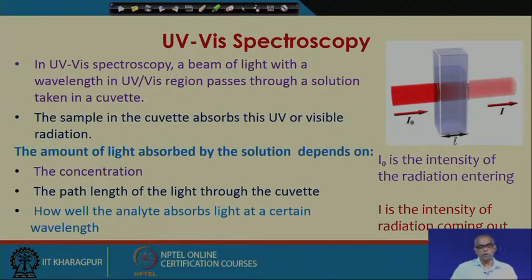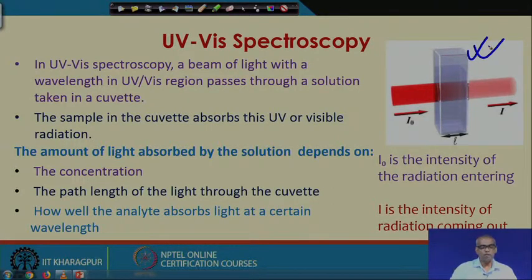In UV-Vis spectroscopy, a beam of light with a wavelength in UV-Vis region passes through a solution taken in a cuvette. So, this is an image of cuvette. The sample in the cuvette absorbs this UV or visible radiation. So, cuvette is nothing but a sample holder, it is transparent.